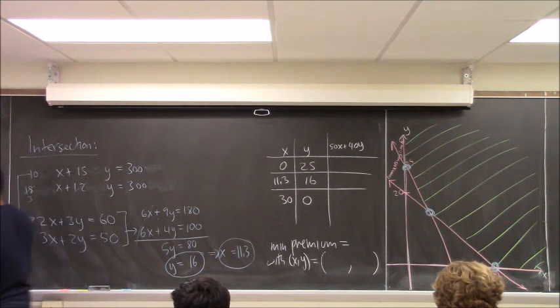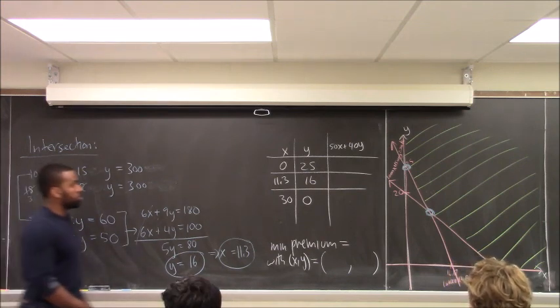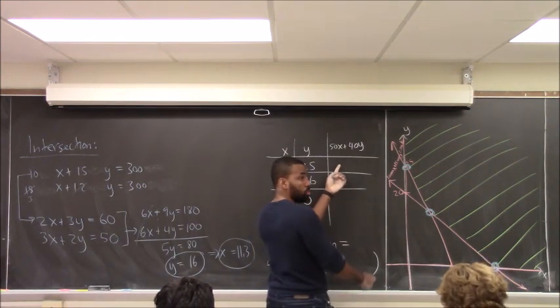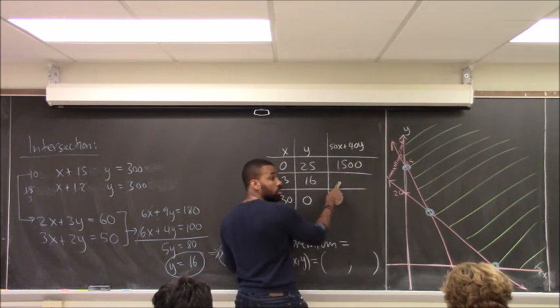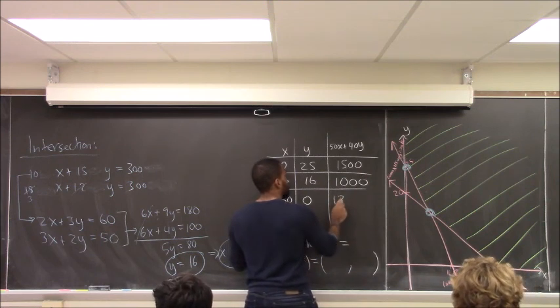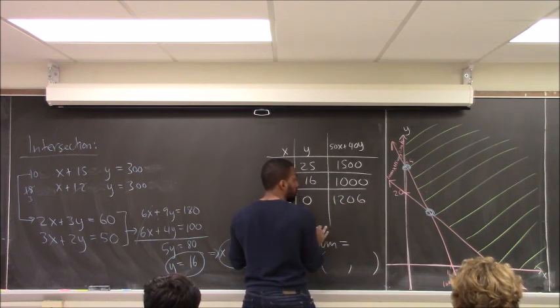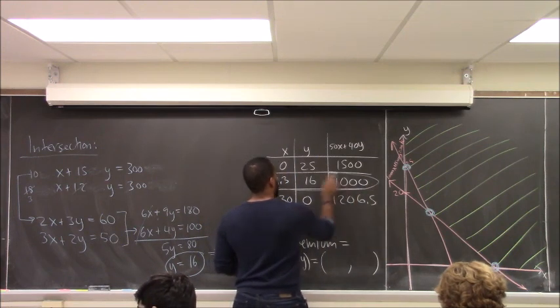What were those? You got 1,500? 1,000 flat? And 1206 and a half. 1206.5. Okay, so the winner is this guy.